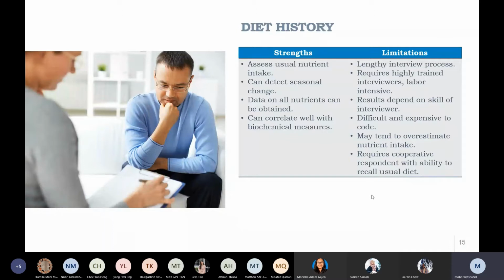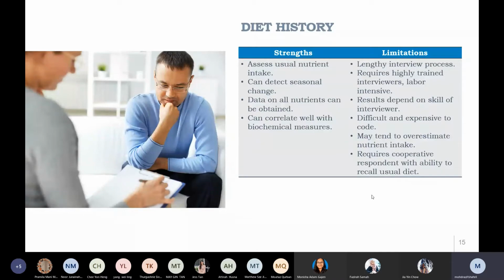Or maybe musim tengkujuh on the East Coast, rainy season, monsoon season, there will be less fish and seafood in the diet. So diet history can actually detect seasonal changes. Data on all nutrients can be obtained after you analyze, of course, and this can be correlated well with biochemical measures, which are conducted in clinical settings.